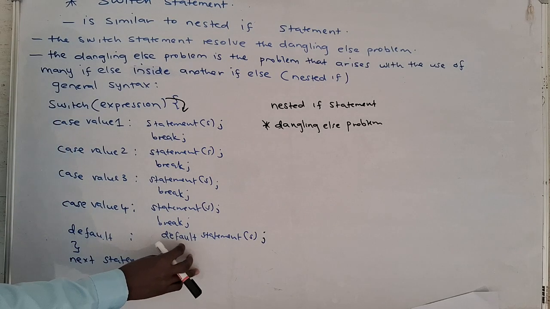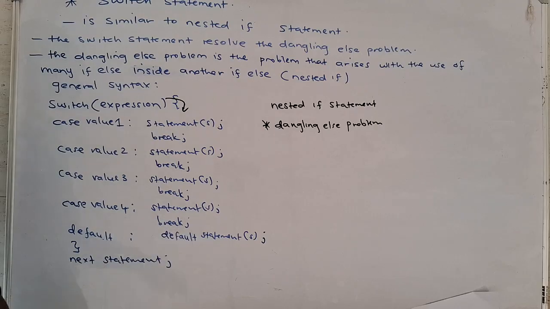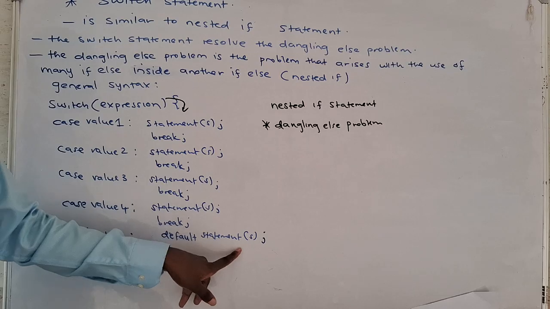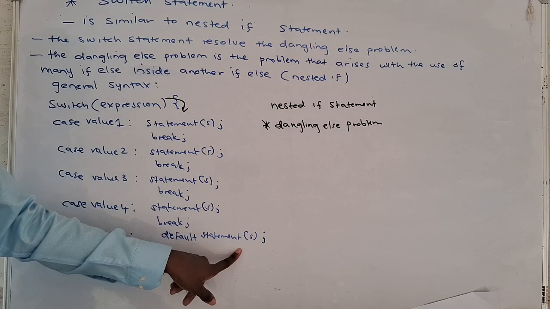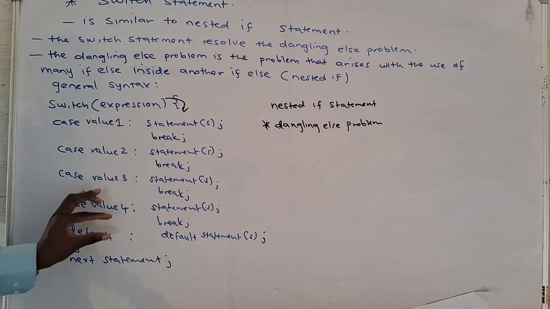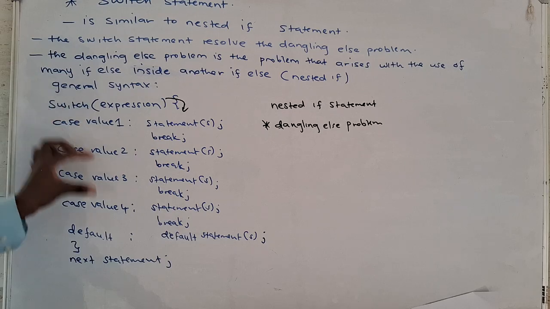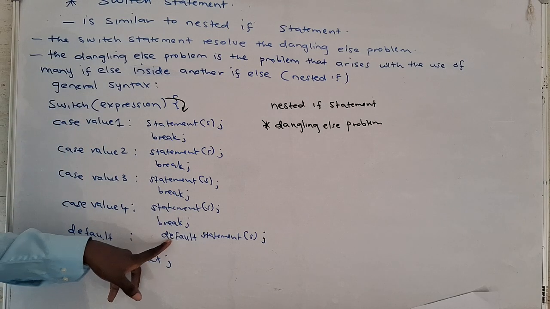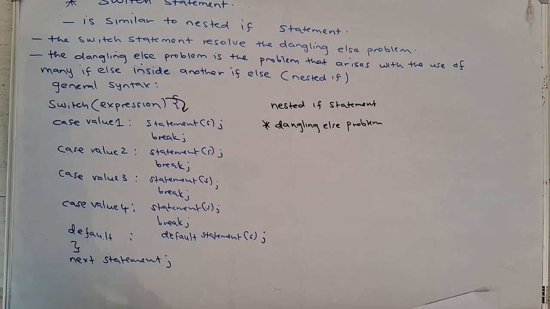You are supposed to add the break statement. If you write the default at the last, there is no need to add the break statement. But if you write the default inside the switch body, you are supposed to add the break statement.